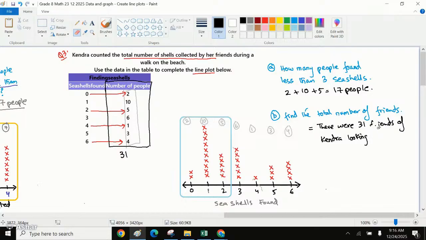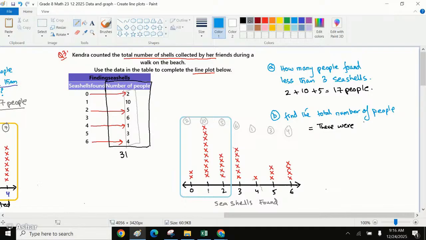So we can say total number of people, right? Let's break down the question too, because Kendra is already included in that. Let's change the question to total number of people. If we say Kendra, that would be very technical, right? We don't want it to be very technical. Okay. Total number of people.